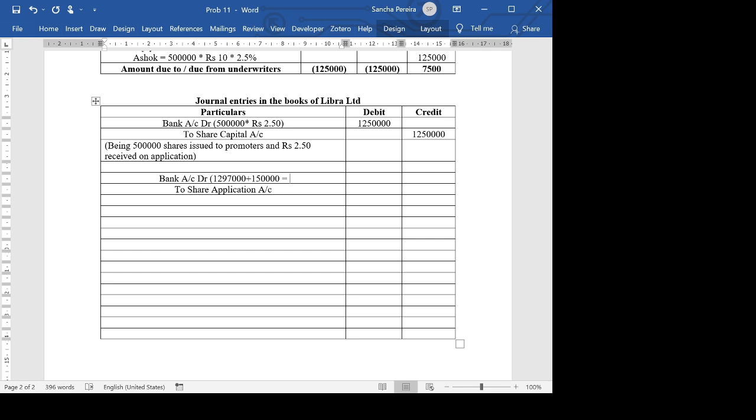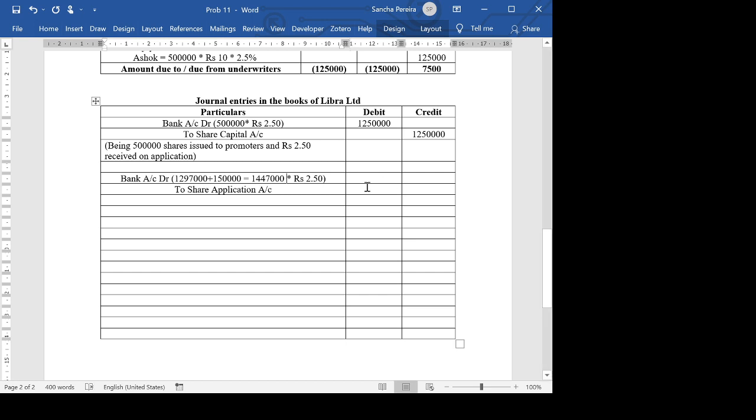That comes to 12 lakhs 97,000 plus 1 lakh 50,000, which comes to 14 lakhs 47,000 into rupees 2.5. Because applications from the public are received on 12 lakhs 97,000 shares plus firm underwriting, which comes to 14 lakhs 47,000, into rupees 2.5.